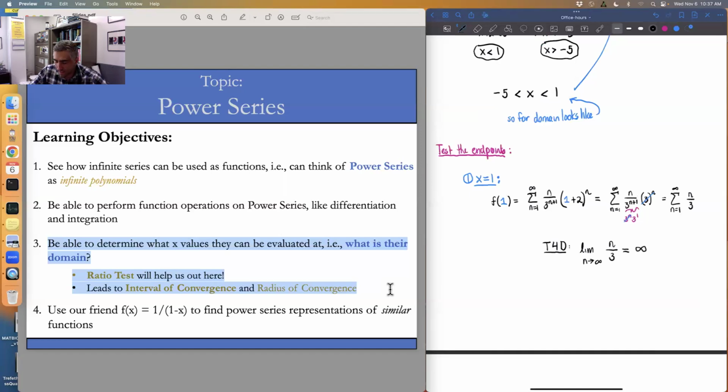What that tells us from the test for divergence, since this is not equal to 0, the series is divergent. What that means for us in this power series case is we don't include that endpoint. As in, we don't use less than or equal to.